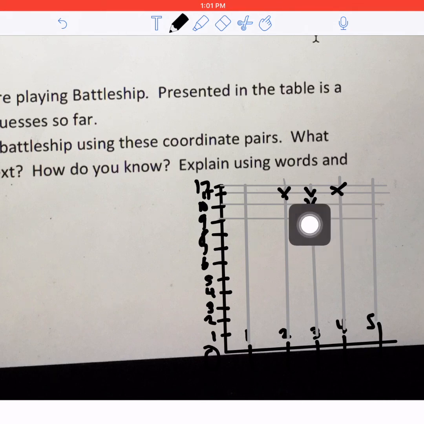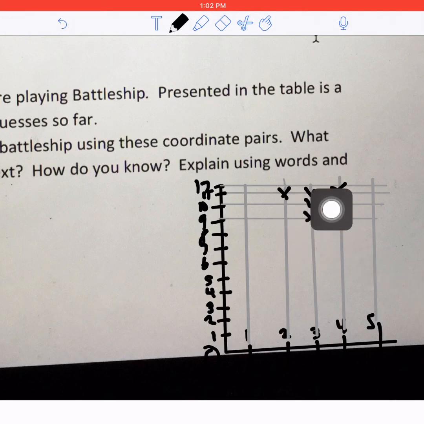If I put a point right there that I noticed didn't hit, I know my battleship isn't down right there. I also wouldn't want to put one to the left or to the right of that point, because the battleship is a straight line and it's not going to have that point over there.